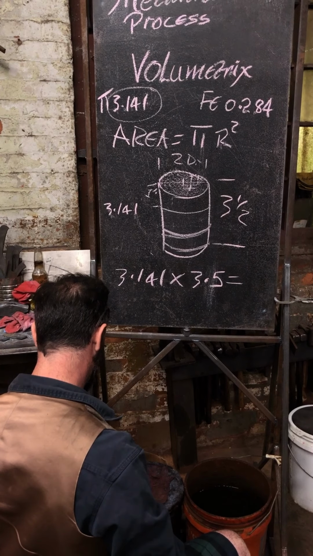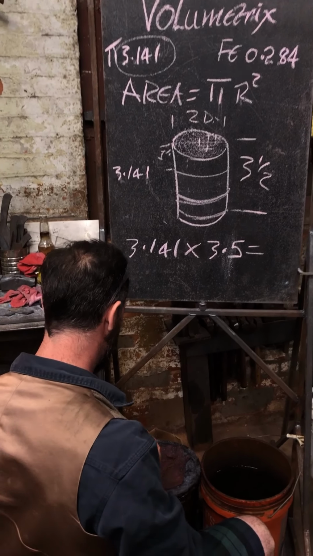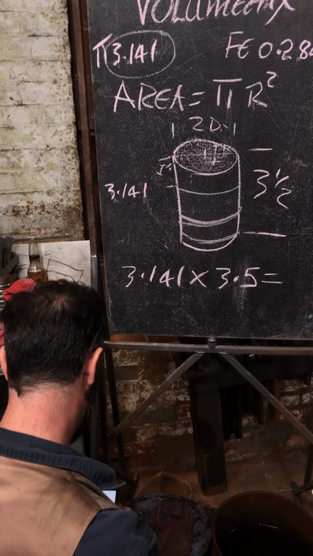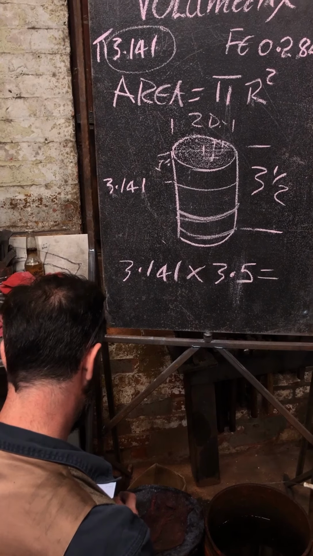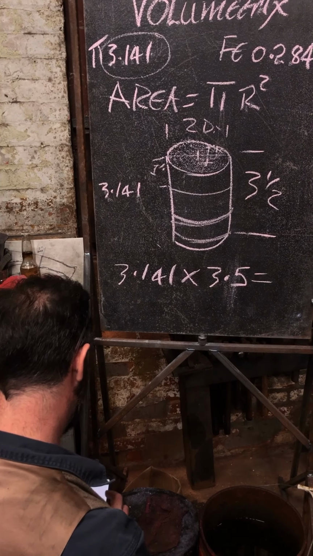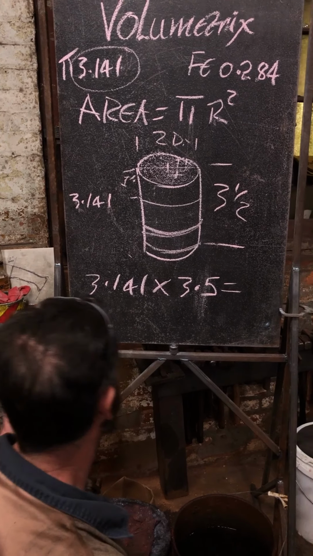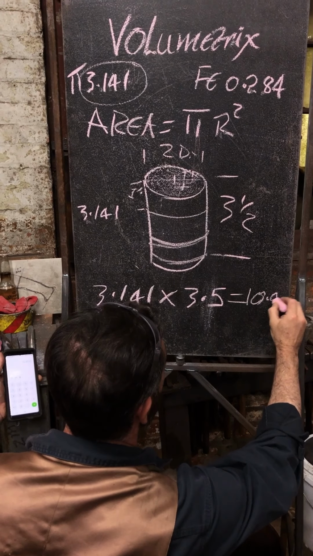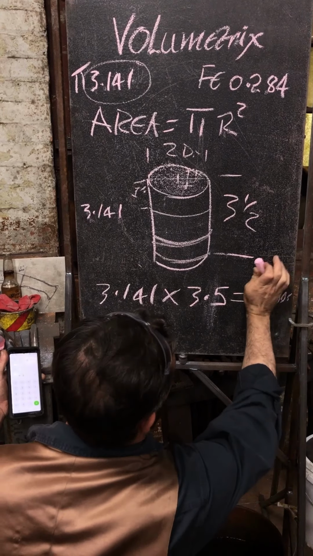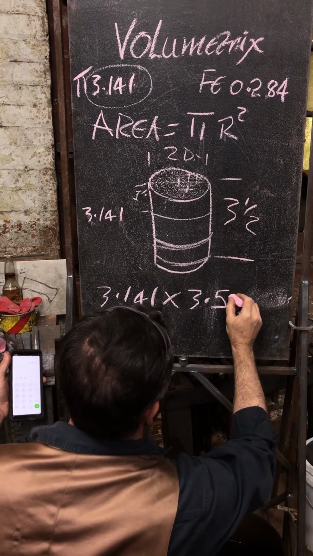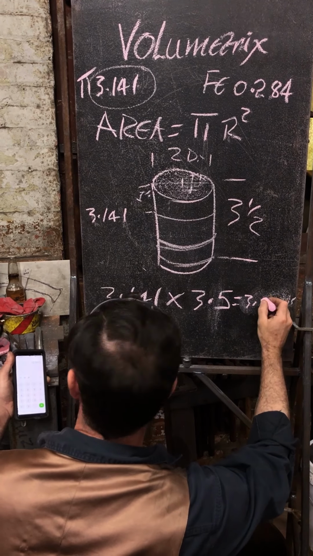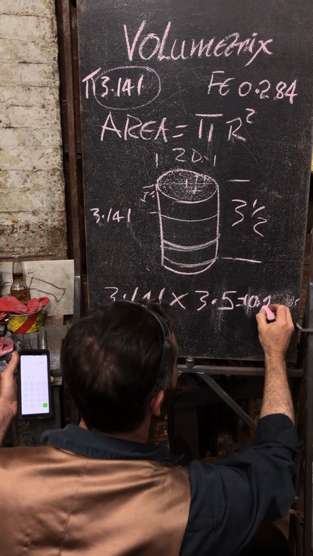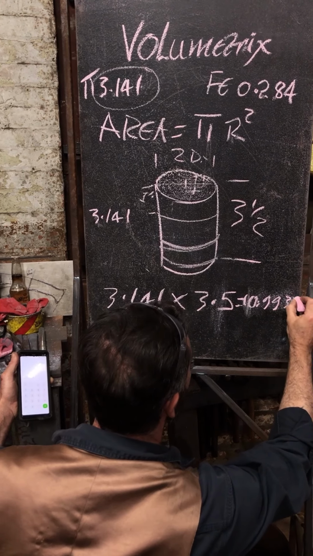And I'm sure there's some whizzes out there that can do this in their head, but I've been listening to the noises on the anvil for way too long. 3.141 times 3.5 gives me 10.9935.